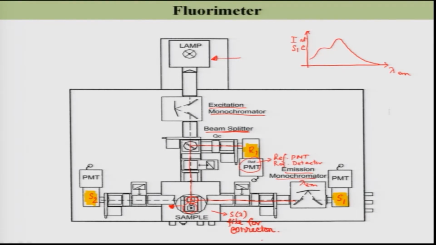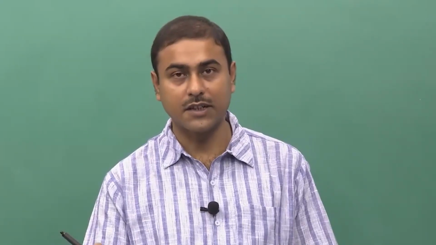Now, for example, this is for a particular lambda excitation, isn't it. For this lambda excitation, you will get this emission spectra, and this is your intensity, you are very happy, and this is for a particular concentration.